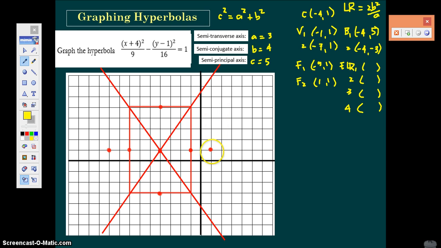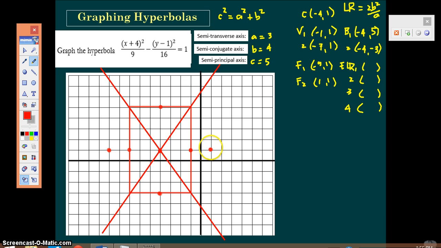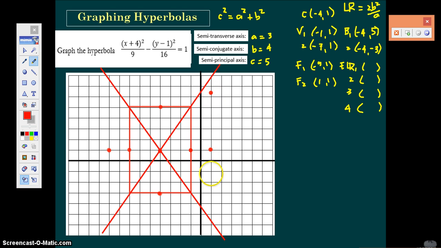We divide it into 2: b squared over a above and b squared over a below. B squared is 16 and a is 3, therefore 16 over 3 units above this point would be the endpoints of the latus rectum. B squared over a is 16 over 3, around 5 and 1/3. So 1, 2, 3, 4, 5 and 1/3, that's an endpoint, and 1, 2, 3, 4, 5 and 1/3 below, another endpoint. It's the same on the other side. So just locate them.